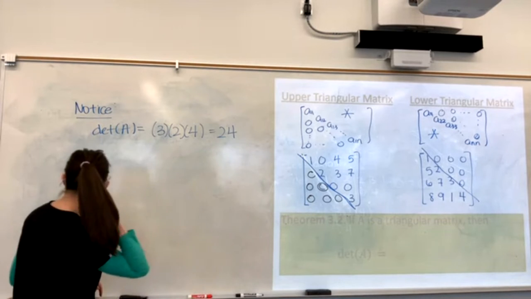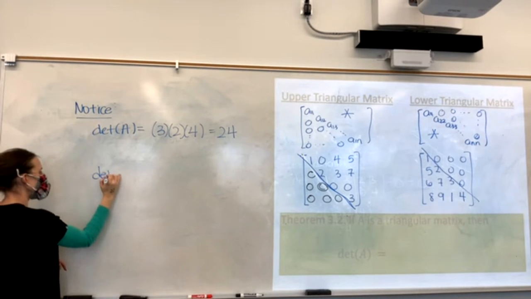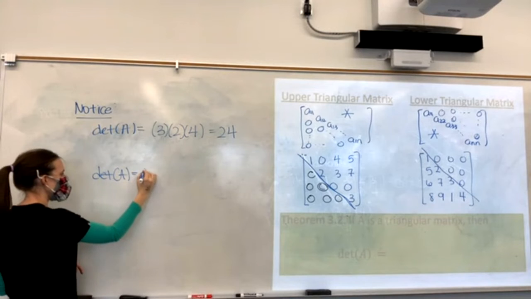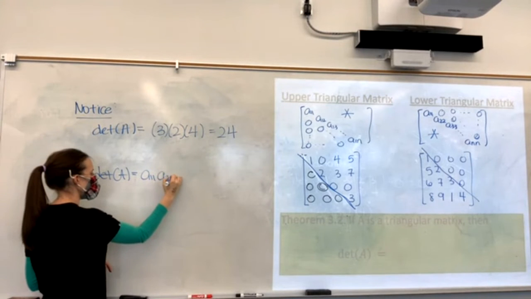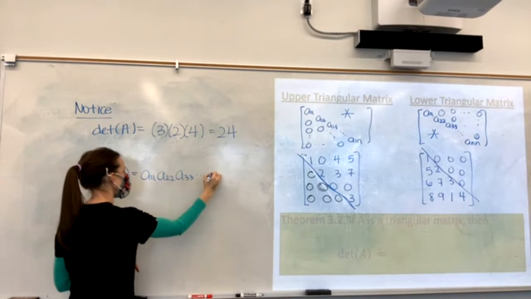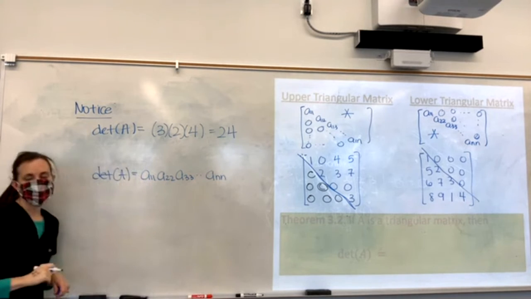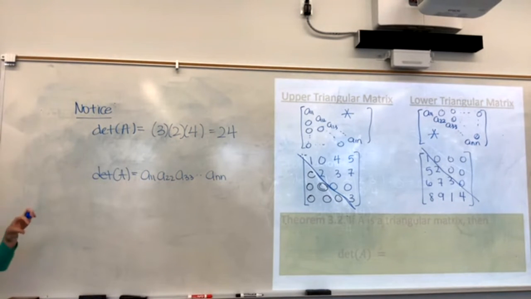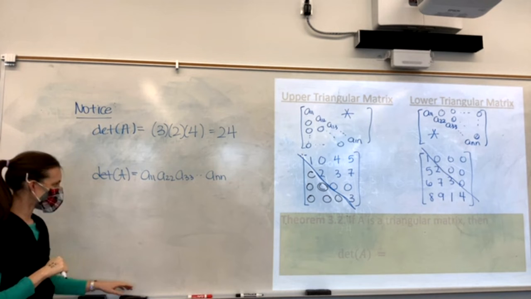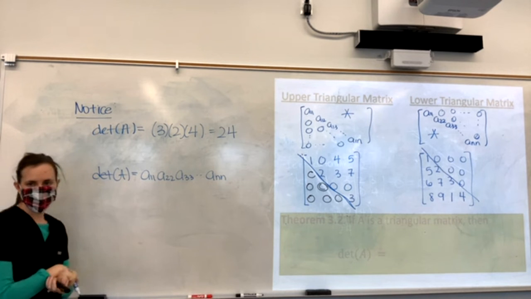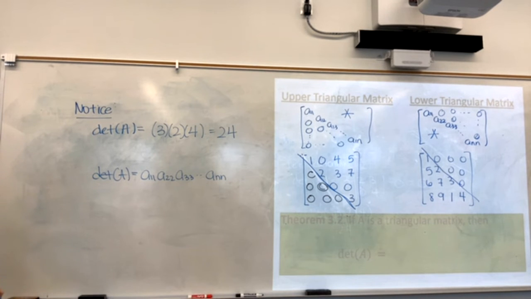And then this here, which may be a little bit hard to see on camera, says that if you are either upper or lower triangular, then computing the determinant is really easy because it's just the product of the entries down the diagonal. So if you are a triangular matrix, then your determinant is just the product of the entries down the main diagonal, just like we saw in the last example.